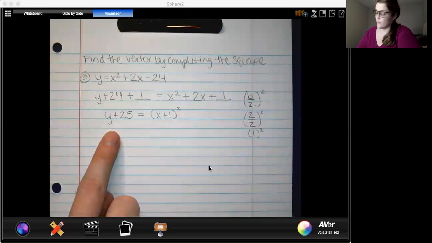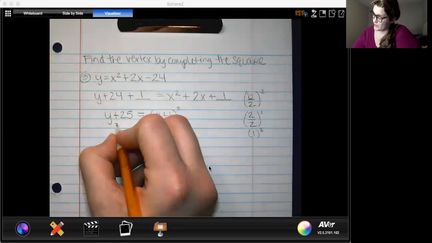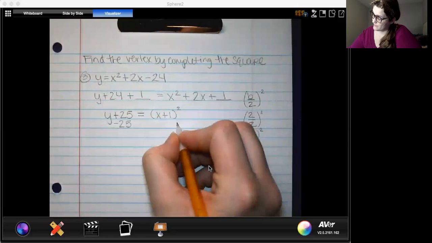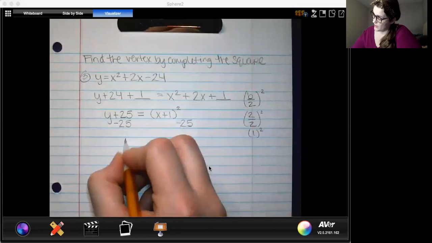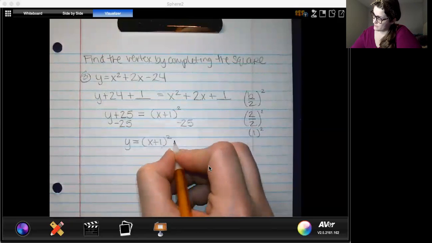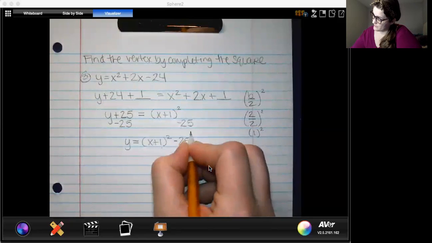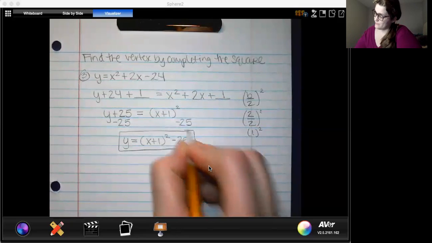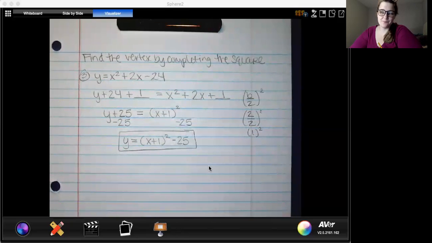So since we're solving for y, I'm going to subtract that 25 to the other side, and I get y equals quantity of x plus 1 squared minus 25. And I have vertex form. So it is completing the square method, but it doesn't go through the entire process of completing the square because we're solving for y, not x.